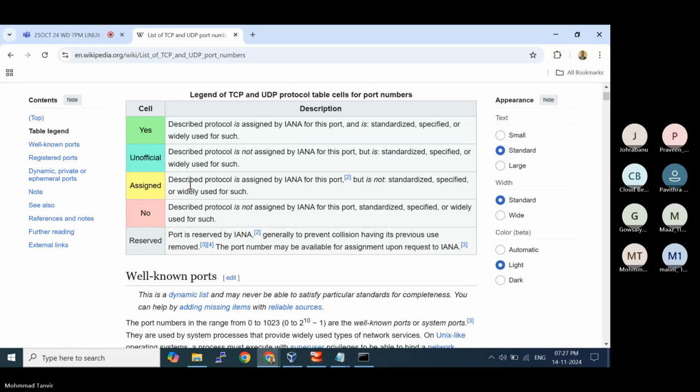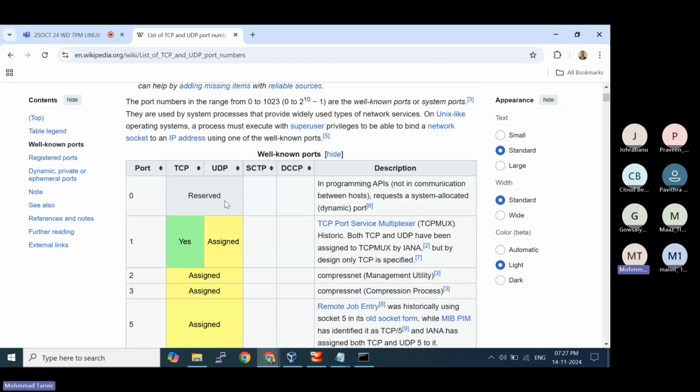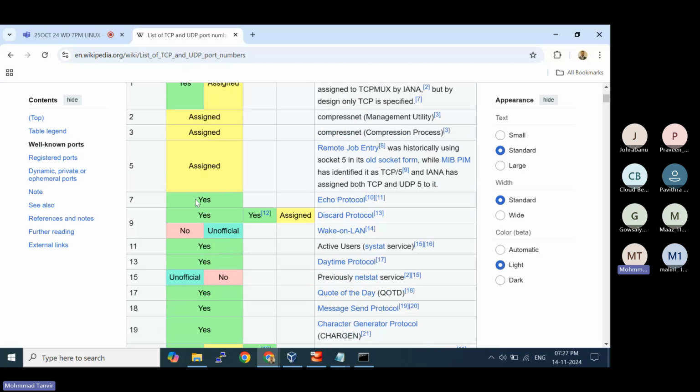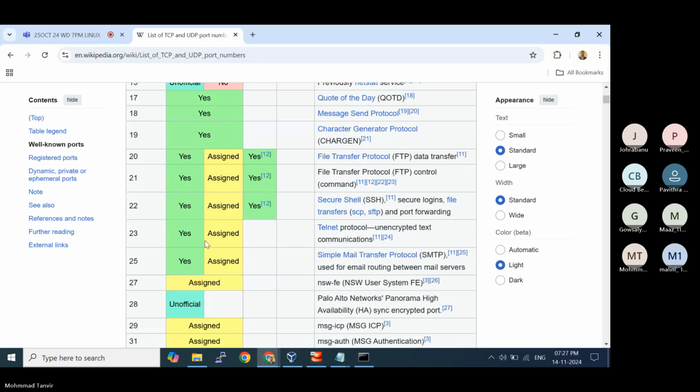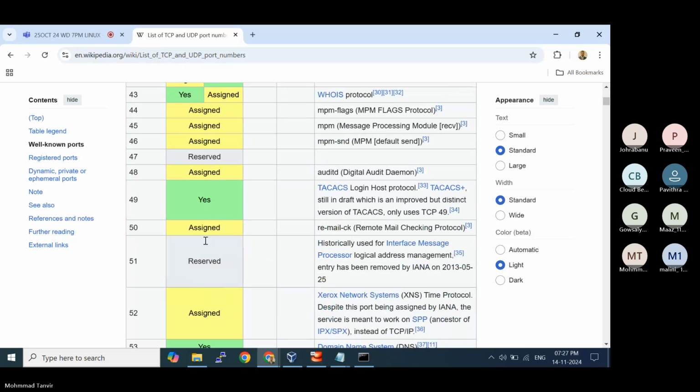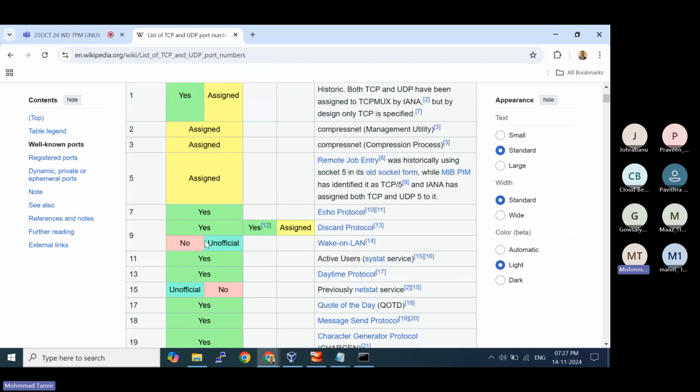So a protocol is assigned by IANA for this port, and unofficial means not assigned by IANA for this port, but standardized and widely used for this port protocol. Okay. So the same thing here you can see assigned by IANA. Unofficial, yes means assigned by IANA. I hope now it's clear. So here is the tag and its meaning.